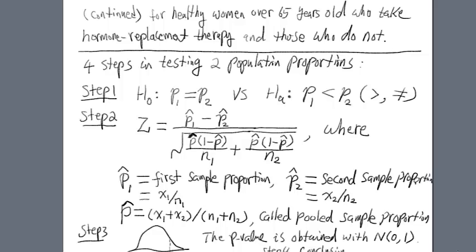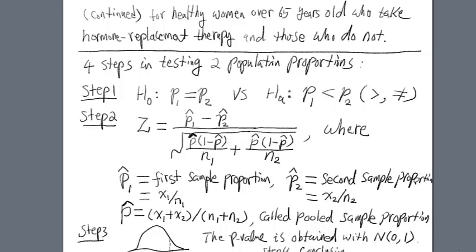Here, because we are comparing two proportions, we need to use P1 and P2 representing the population proportions. The alternative hypothesis can be P1 less than P2, or P1 greater than P2, or P1 not equal to P2, depending upon the researcher's hypothesis.